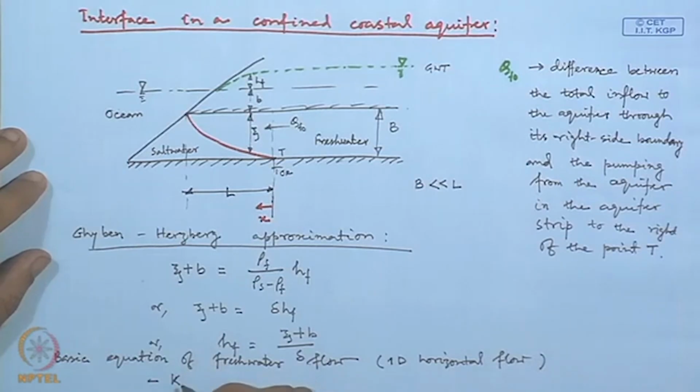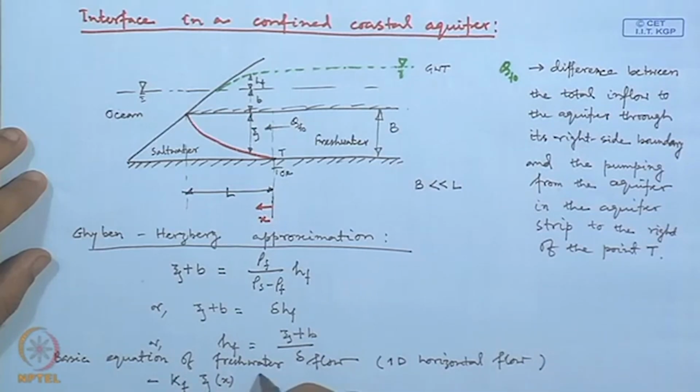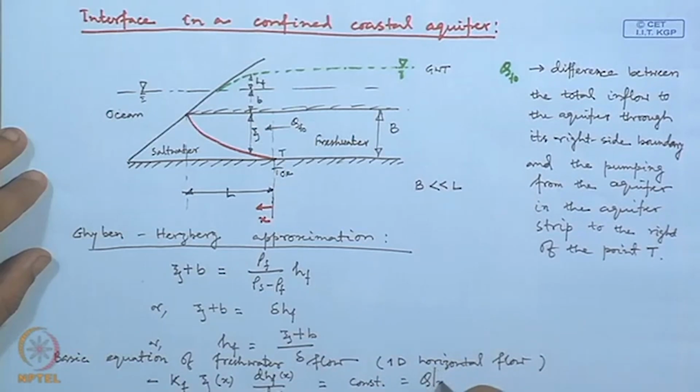We have K_f xi times dh_f by dx equals a constant. What is this constant? This is q, or flow at location x equals 0, which equals q_f0.